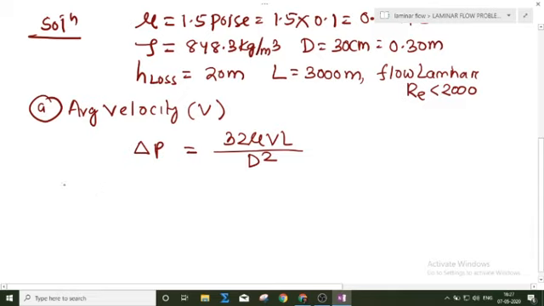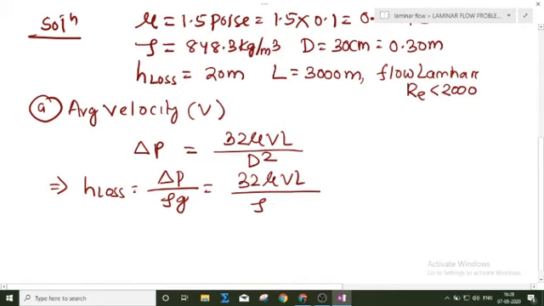The head loss is the pressure difference, so delta P by rho g, which is nothing but 32 mu V L divided by rho g into d square. Now this is given to you. Can you find this V from here? If you find V, how much is it coming?